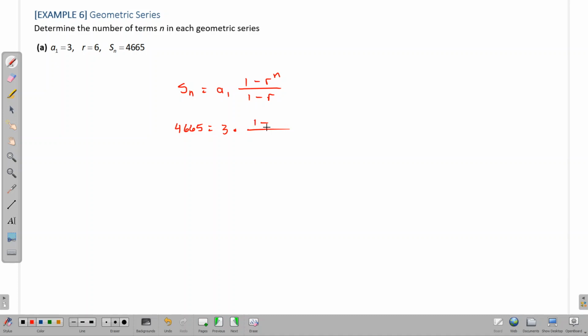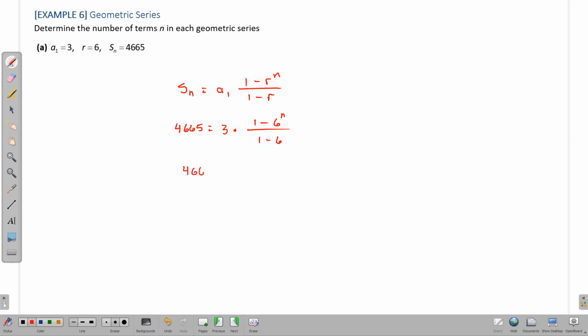Okay, so we've got 1 minus 6 to the n, we don't know what n is, over 1 minus 6. That's everything plugged in. Now we just have to solve this algebraically. Okay, first thing I would do is I would deal with this 3. You could distribute it through the top, but I think it's going to be easier if we just divide it over.